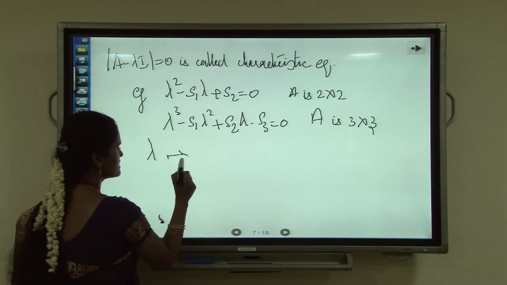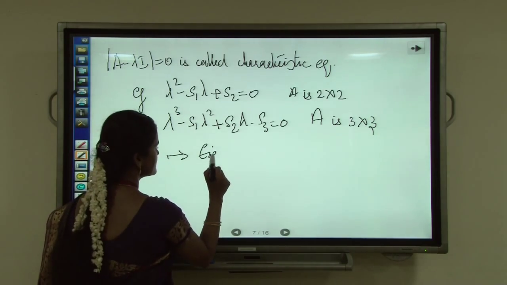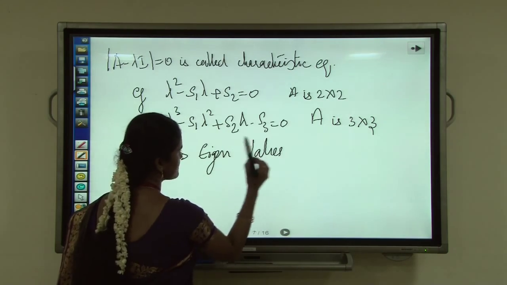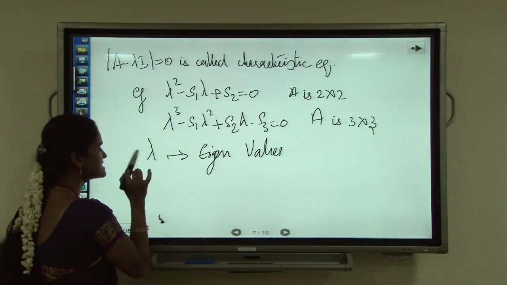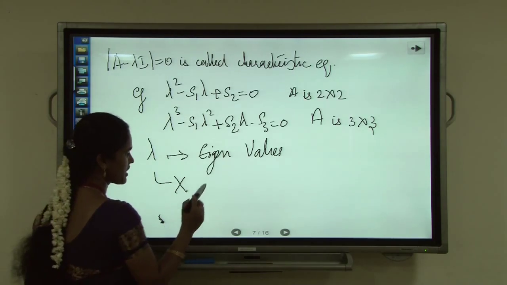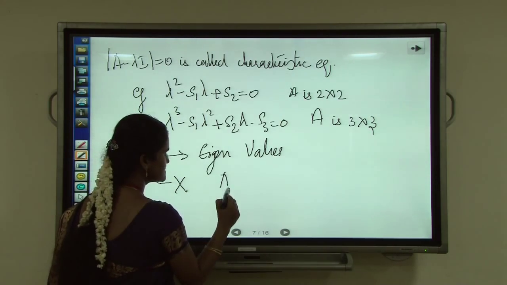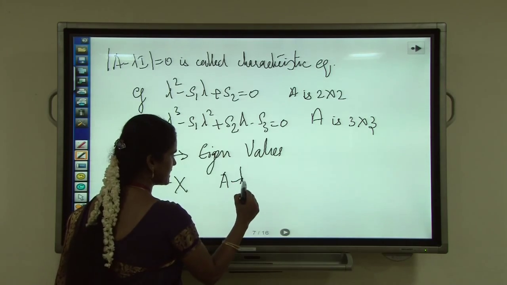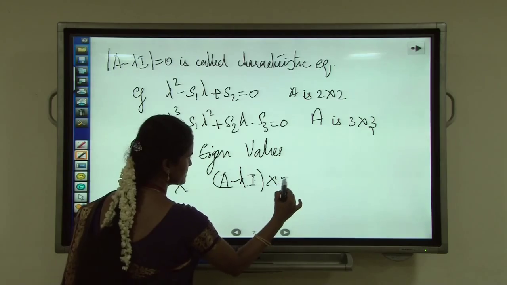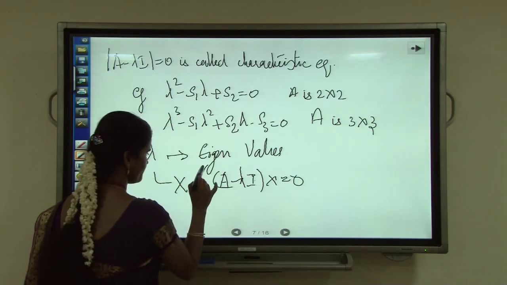So this lambda is what we call eigenvalues, and for each lambda there exists a corresponding vector x, by the relation A minus lambda I of x is equal to 0.